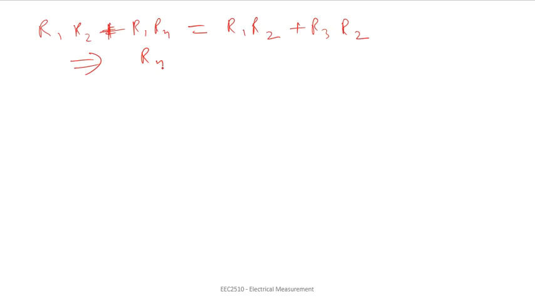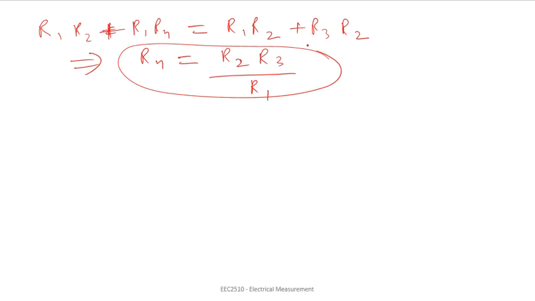So it will be R1 R2, I'm sorry, plus R1 R4, which is equal to R1 R2 plus R3 R2. So from here R4 will be equal to R2 R3 over R1.